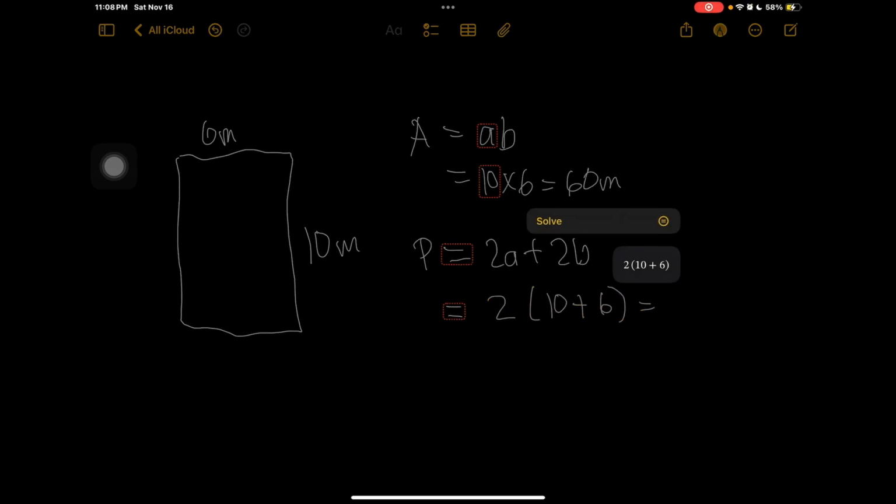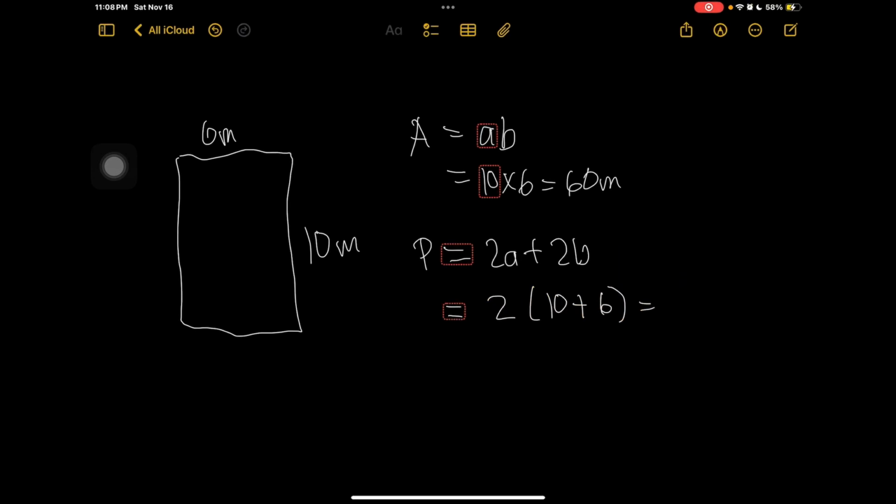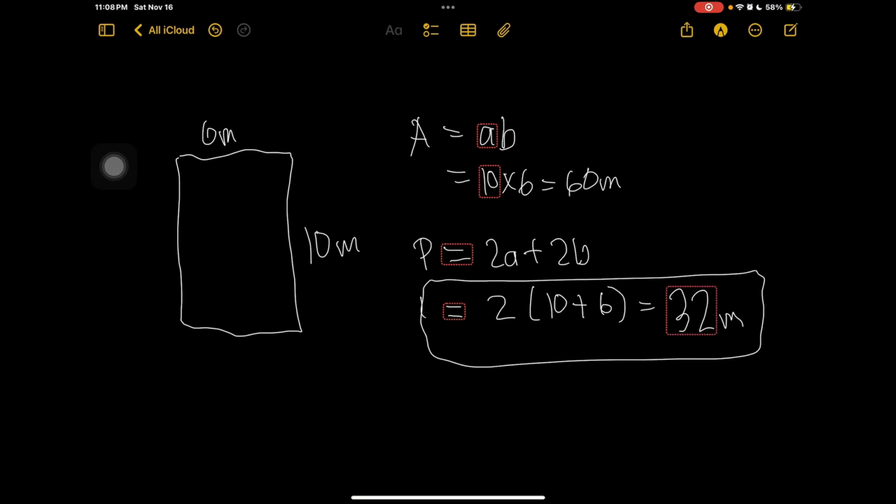So we are gonna multiply 2 times 10, which is 20, and 2 multiplied by 6, which is 12. So 20 plus 12 equals 32. So 32 meters. So this is our perimeter and our area.